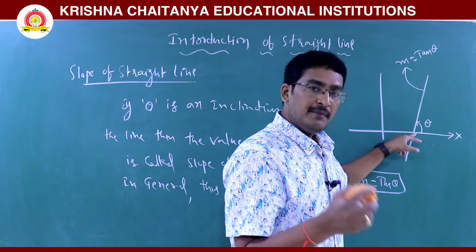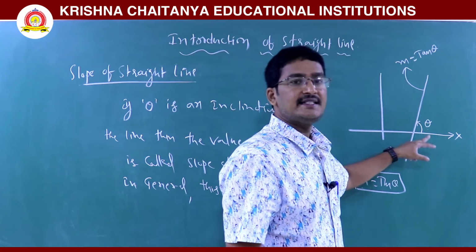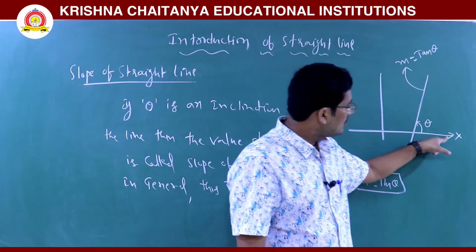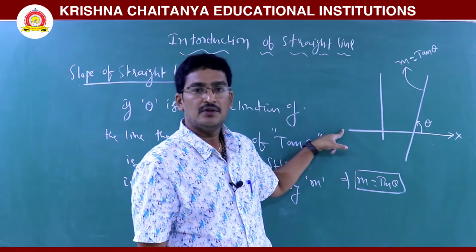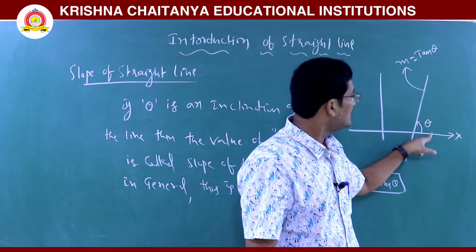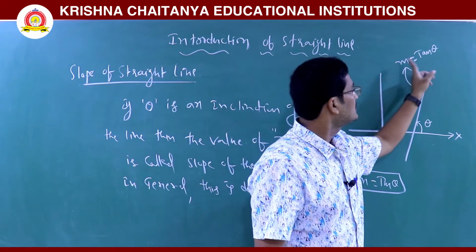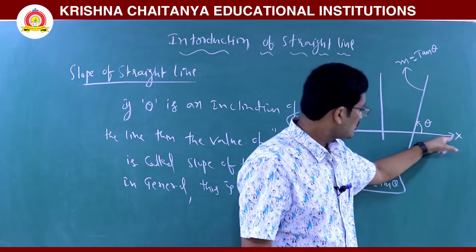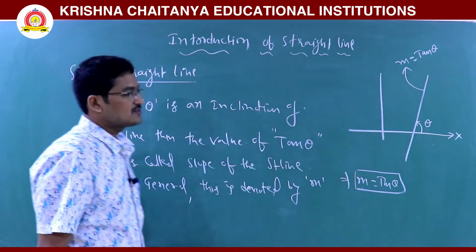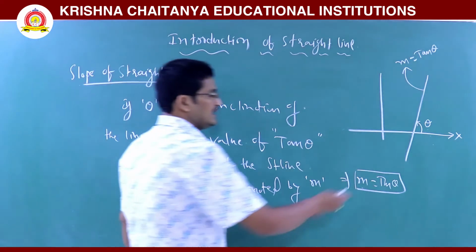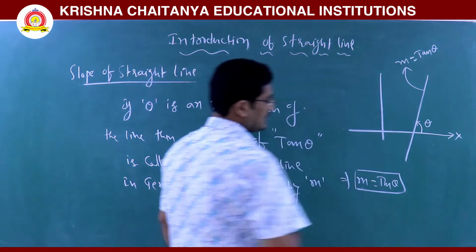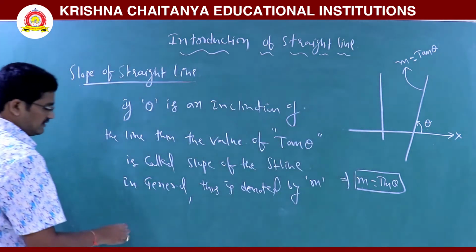The angle made by x-axis with x-axis is 0. That means already you know the inclination of x-axis is 0. Then theta is 0. If theta is 0, tan 0. Then m is 0. So, slope of the x-axis is 0. First you have to remember the slope of the x-axis is 0. Okay, that is note point 1 first.